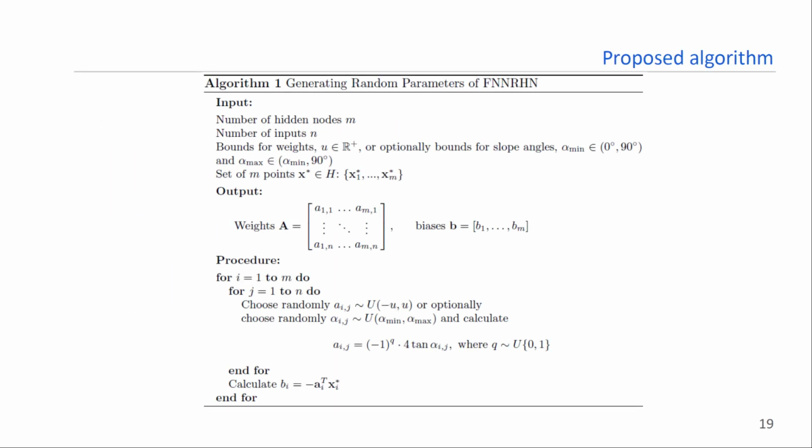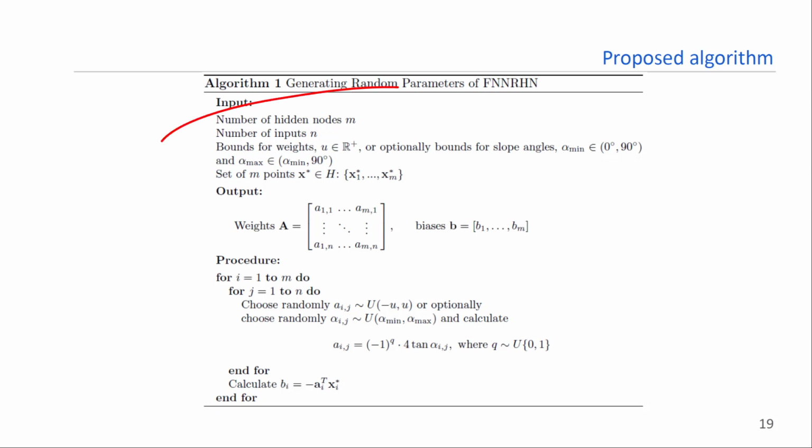The proposed methods of generating random parameters of the hidden nodes are summarized in algorithm 1. In this algorithm, weights A can be generated randomly or optionally to ensure uniform distribution of the sigmoid slope angles. They can be determined based on the slope angles generated randomly. The bounds U, alpha min, and alpha max should be selected in cross-validation.